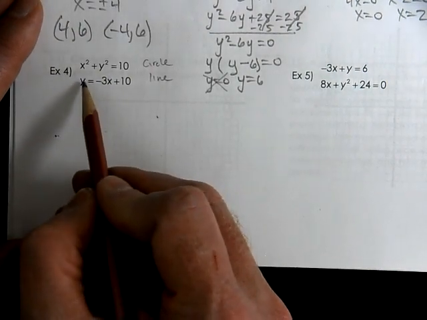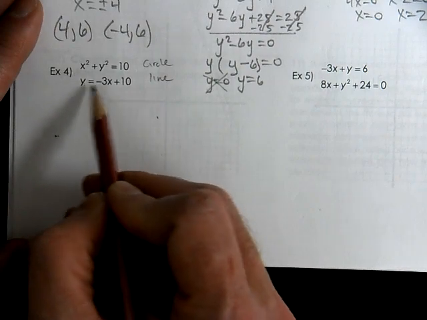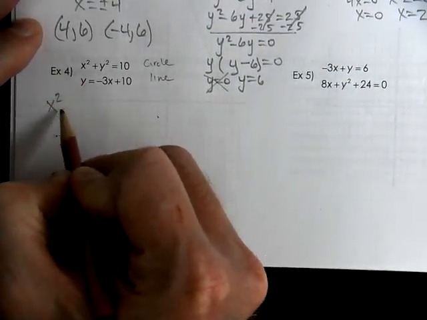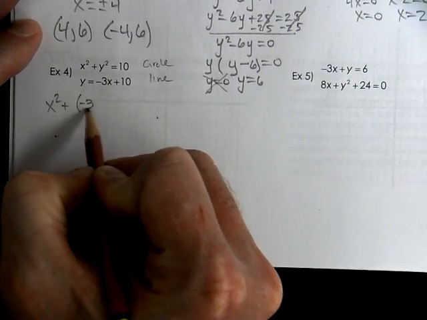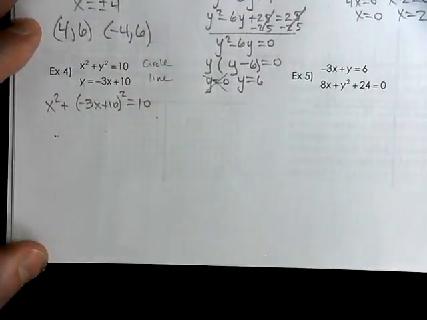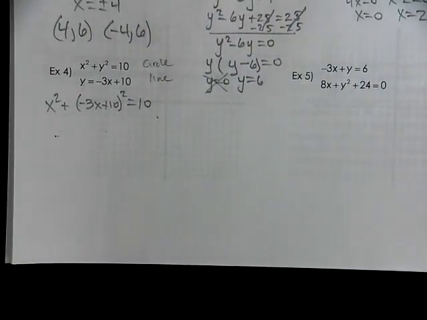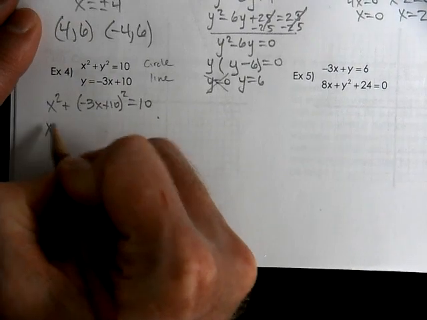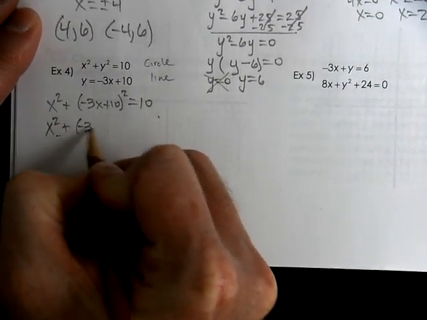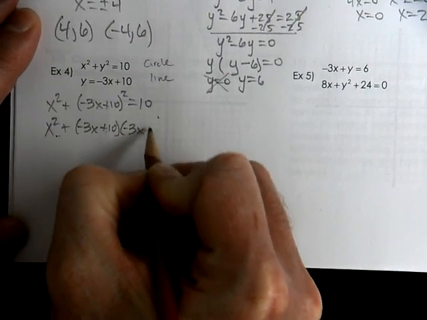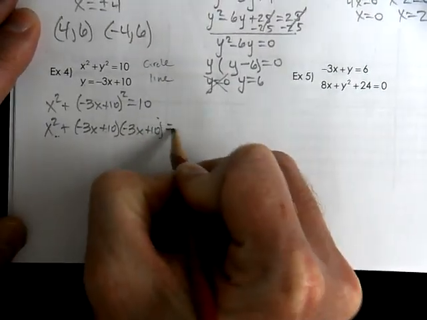So we're going to do the same thing. Do we have a variable isolated? Yes, we do. So we're going to use that by plugging it into the other equation. And to do that, I'm going to need to write that binomial 2 times.